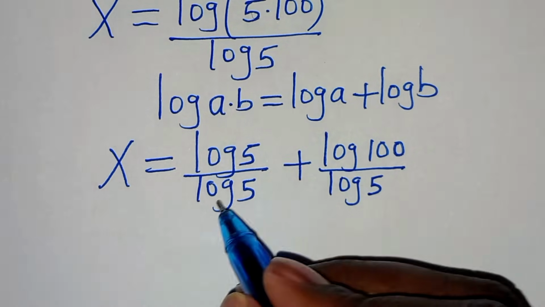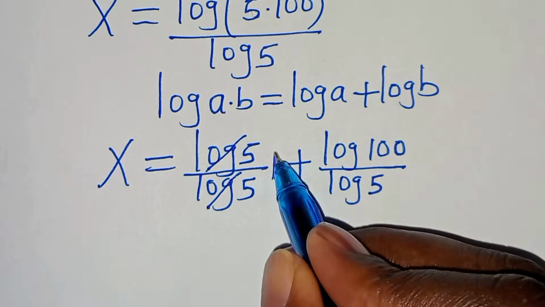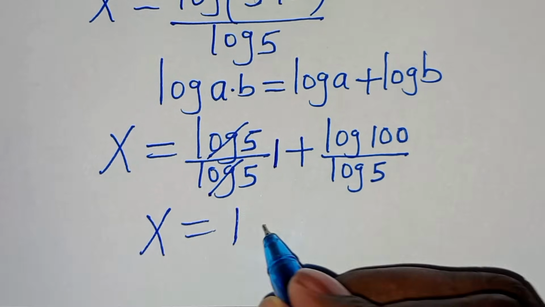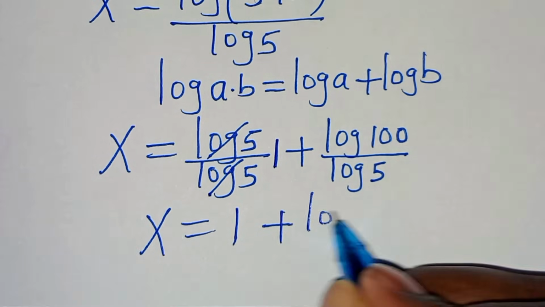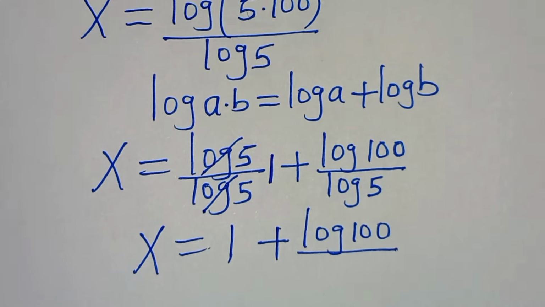The next step is to simplify here. Log 5 and log 5 simplify to 1, so x is equal to 1 plus log 100 divided by log 5.